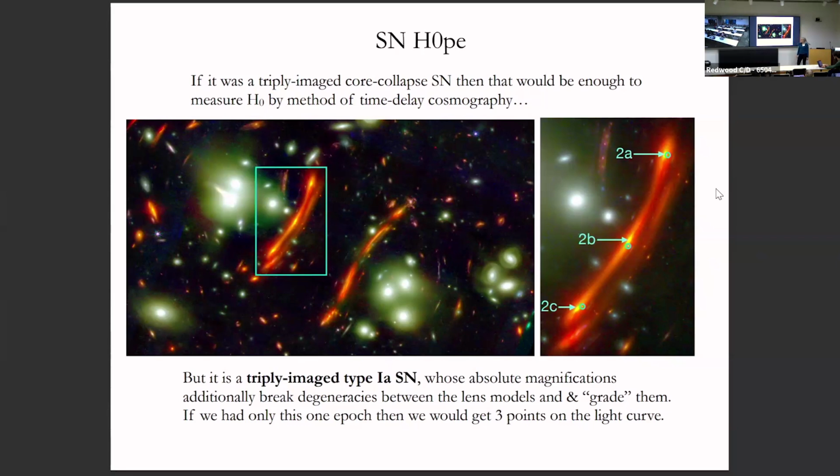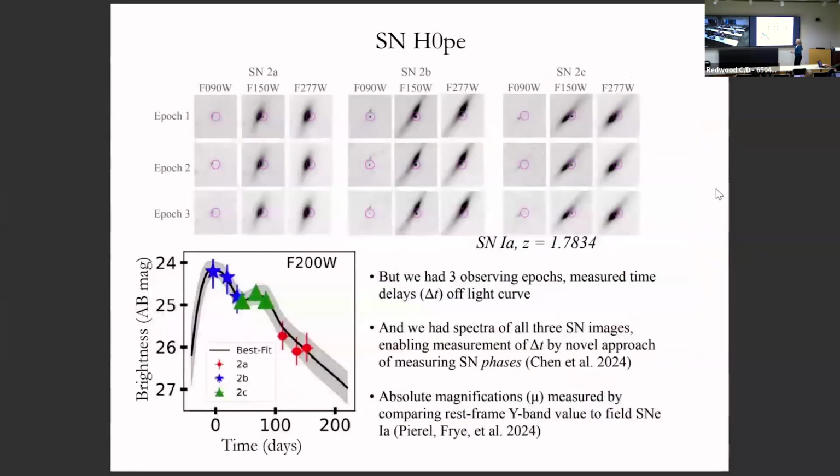We would just get a borderline fit to a light curve and measure the time delay. But we were fortunate instead to get 3 observing epochs. So we get 9 points on the light curve, a little more reasonable number with which to fit a light curve. We're able to fit separate light curves for epoch 1, epoch 2, and epoch 3, and measure that time delay.